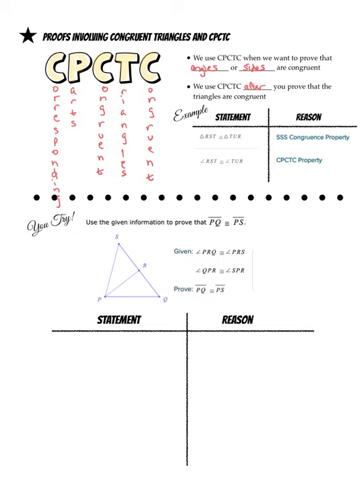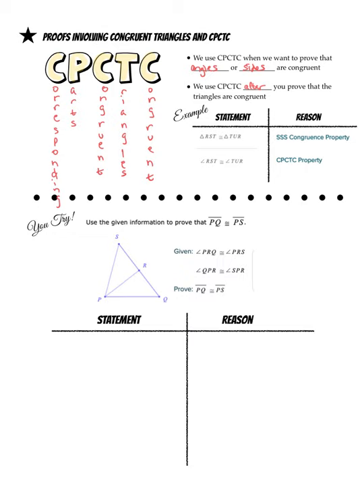Now remember how we said in the first page on the first lesson, you needed to pay close attention to how you label your triangles. When we mark them up, the congruent angle has to be matched with the congruent angle in the other triangle. Those parts are corresponding. I use that word. Now here, we're going to prove triangles are congruent. Then we're going to prove that unmarked sides or angles are congruent to each other.